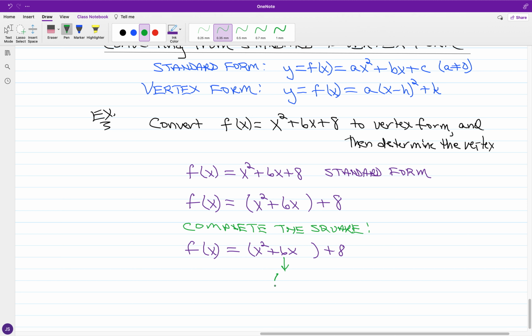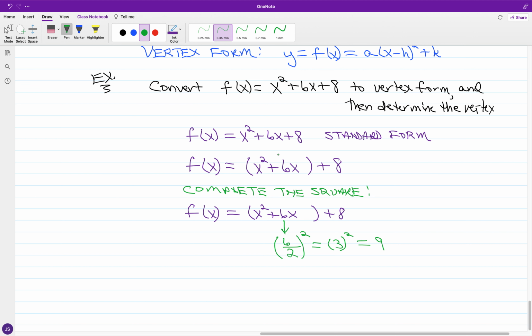I'm going to take the coefficient, which is 6, and for completing the square, whatever is in front of x, I'm going to take half of that and square. So half of 6 will be 3. In turn, 3 squared, or 3 times 3, is equal to 9. And I'm going to use this 9 to add to x squared plus 6x.